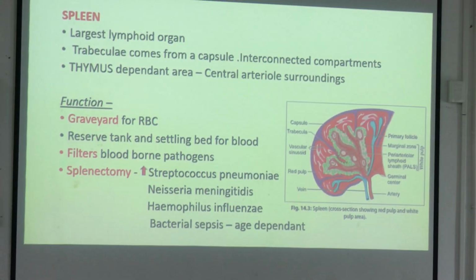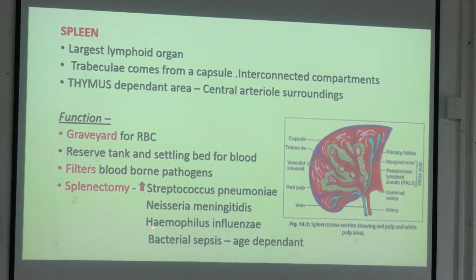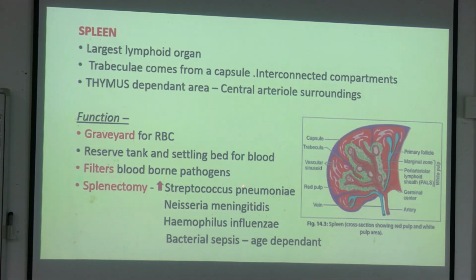Now, what will happen to splenectomy patients? Because the spleen is a lymphoid organ, you will be losing some immunity. Correct? So, that's why whenever you do a splenectomy, you give vaccinations, because these patients will be susceptible to Streptococcus pneumoniae, Neisseria meningitidis, Haemophilus influenzae, and other bacterial infections.